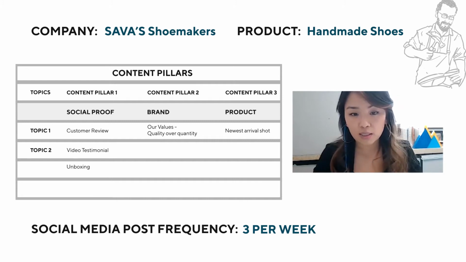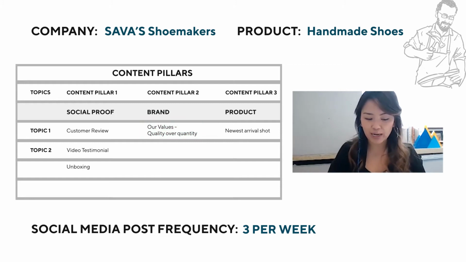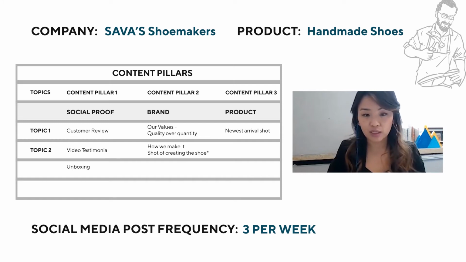Unboxing. For content pillar number 2, for our brand, one of the values is quality first. I put that as one of my ideas for the first topic. For the second topic, my second one's going to be all about how we make it. Maybe a shot of creating the shoes, right?